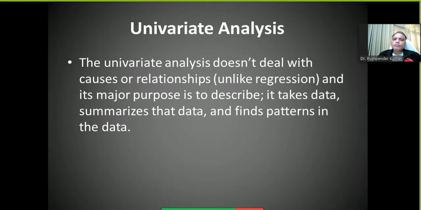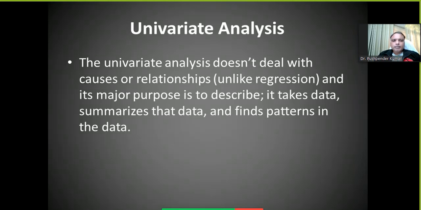So we cannot go for regression. Its major purpose is to describe. Describe in the sense that, for example, in your class we can describe height-wise how many students have a height of 5.4, more than 5.4, between 5 to 5.4, or less than 5, right?